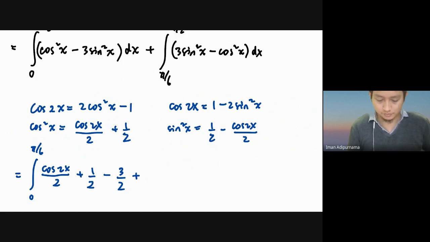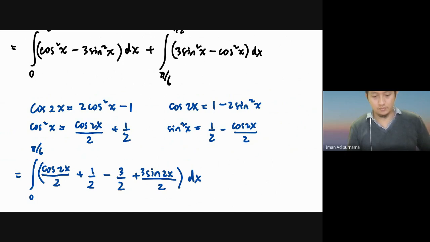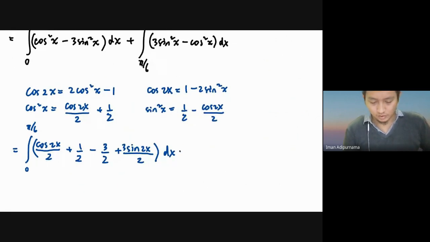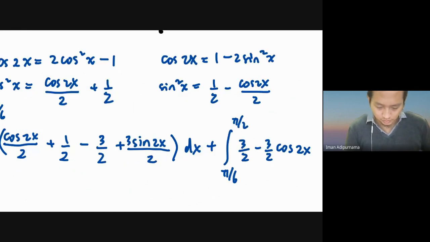Plus 3 sine 2x over 2. And the second one, 3/2 minus 3/2 cos 2x. Oh, why am I writing sine here?